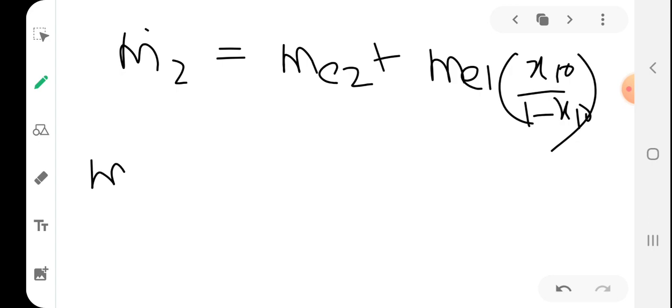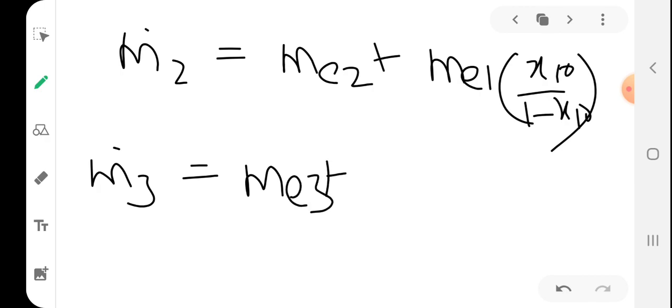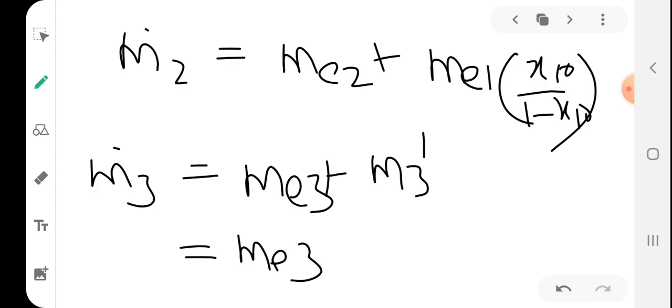Similarly, m3 dot can be written as me3 plus m3 dash.